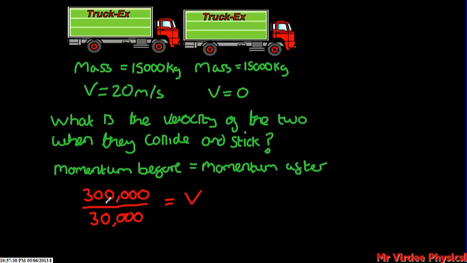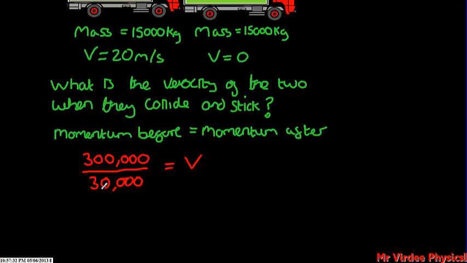Therefore, let's knock these zeros off. 30 divided by 3 is simply 10 meters per second, and that's our velocity.